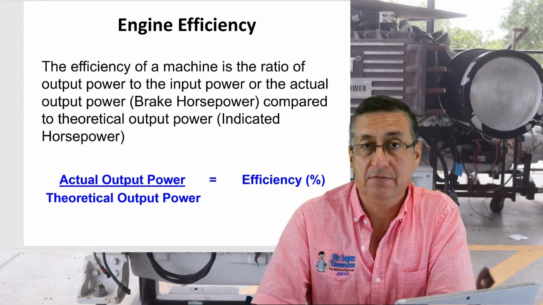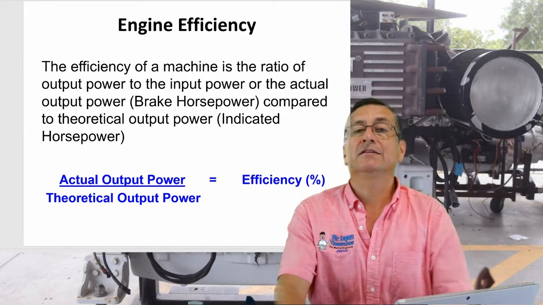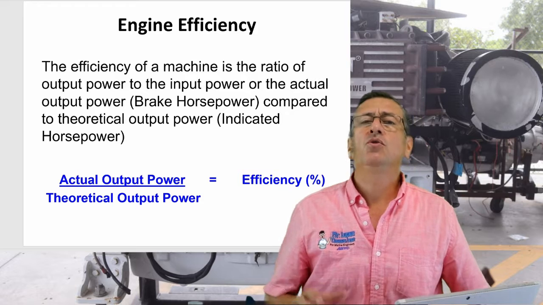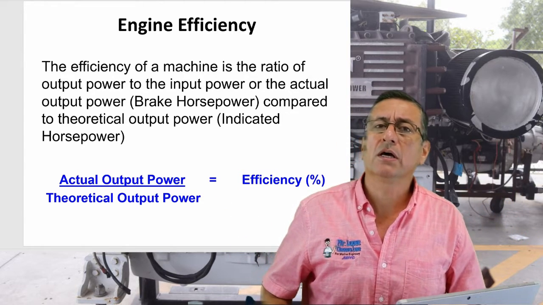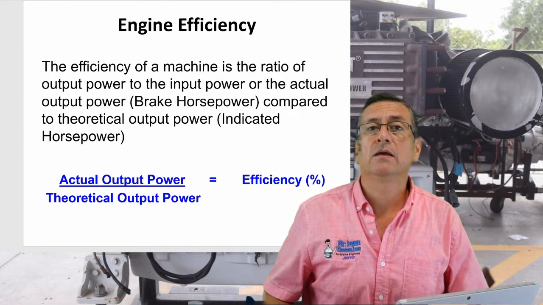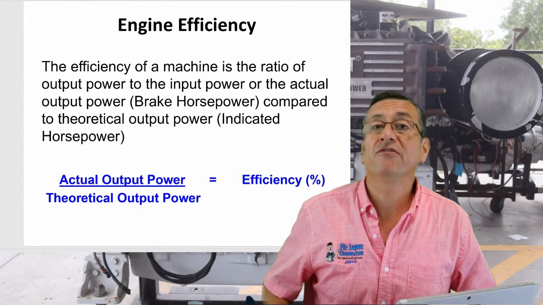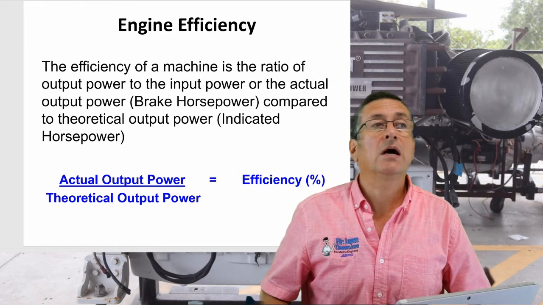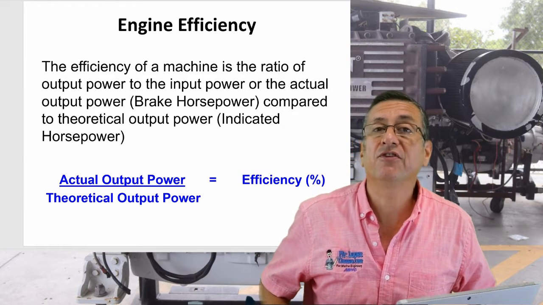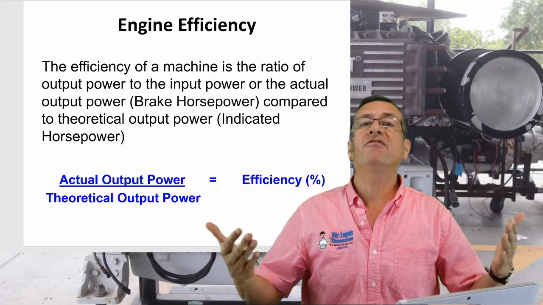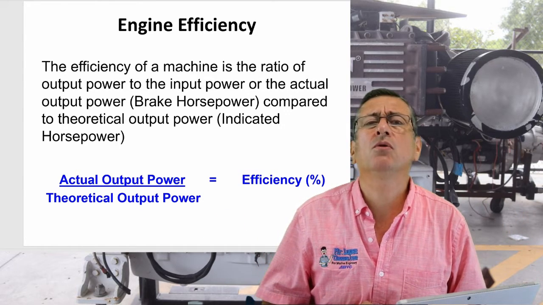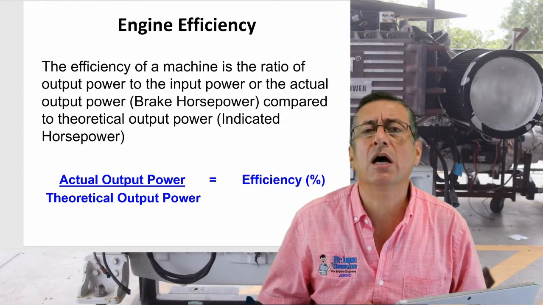You talk about efficiency in different ways. You talk about thermal efficiency, fuel efficiency, torque efficiency. For example, the fuel efficiency. How can you calculate the fuel efficiency in your car?